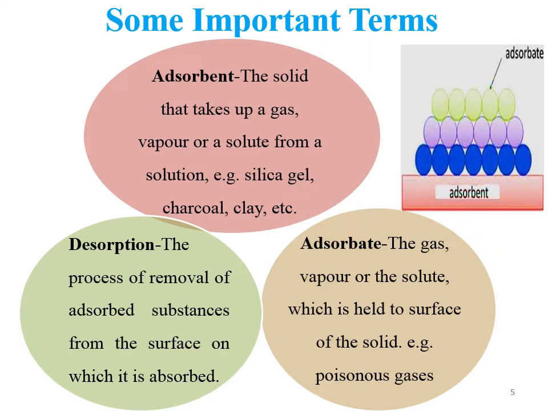It means this is the material on which another substance is adsorbed or attached. The second term is adsorbate. The gas, vapors or the solute which is held to the surface of the solid is known as adsorbate.